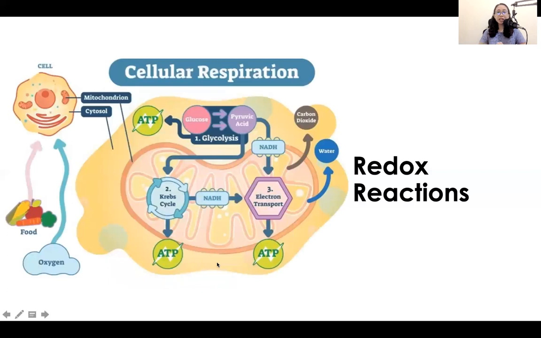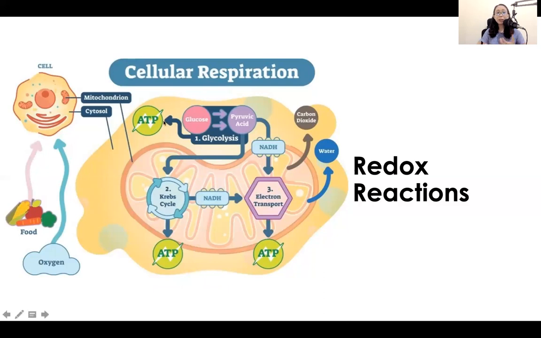And finally, another example of redox reaction is found inside our cells. If you know ATP, this is what we call the energy currency of the cell. It's the molecule that carries energy from one area in the cell to another area, and it makes possible the biochemical reactions that sustain life. Without ATP, there is no life.